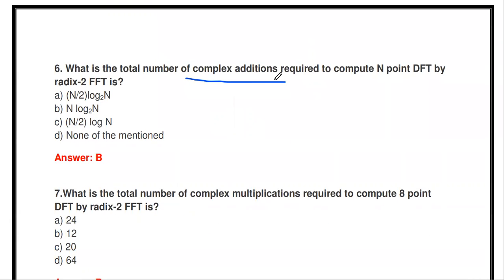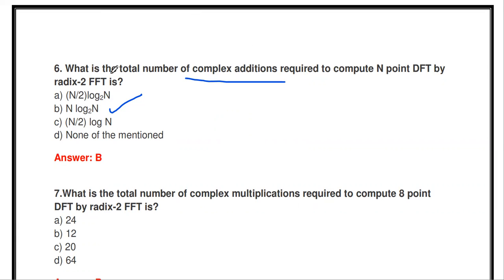Similarly, the additions required to compute the N-point DFT are n into log n to the base 2. That is, the number of complex additions is twice that of the complex multiplications. For example, if complex multiplication is 16, the number of complex additions is 2 into 16.